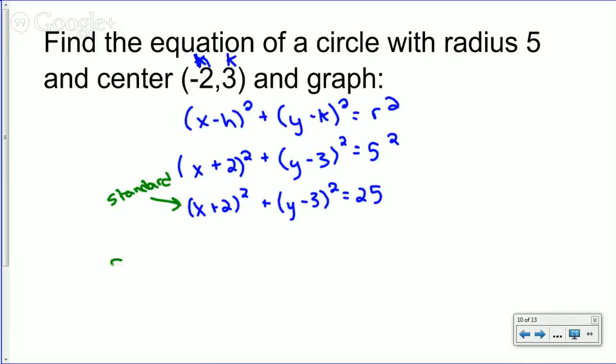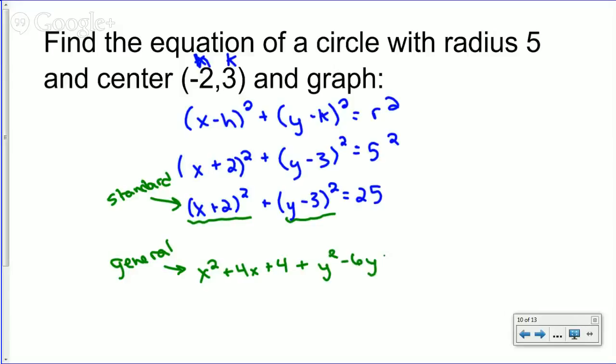And I can go general if I just multiply these items out. So if I multiply this out, again, that's FOILing. I will get x squared plus 4x plus 4 plus, again, we'll FOIL this one, y squared minus 6y plus 9 minus 25 equals 0.